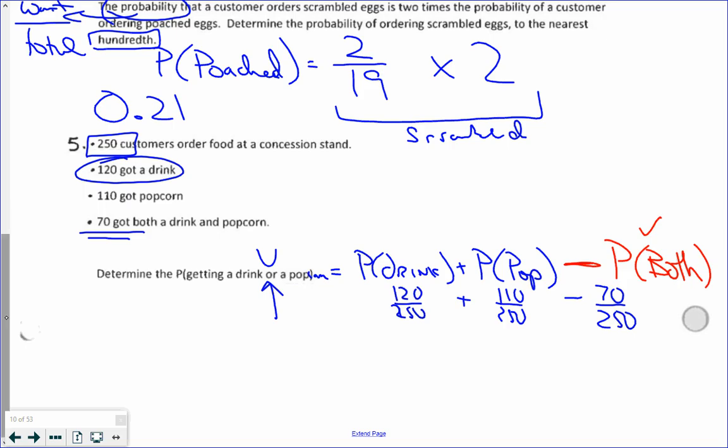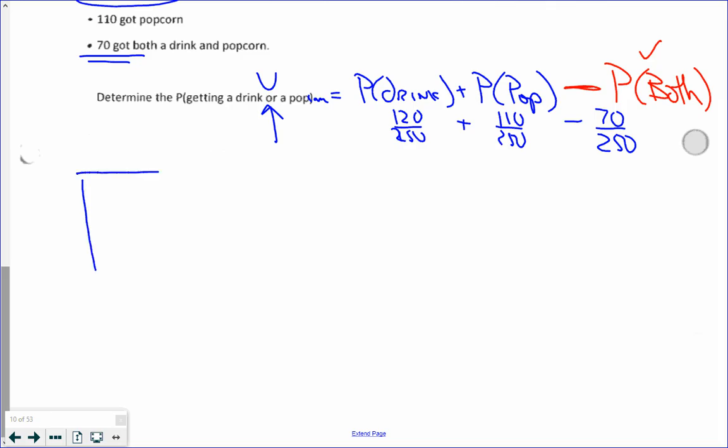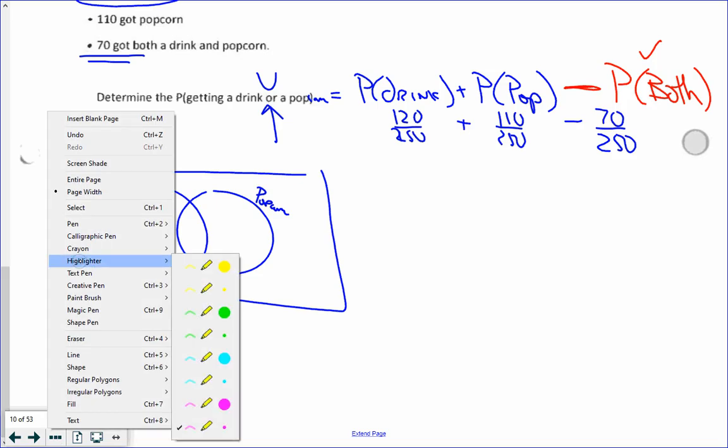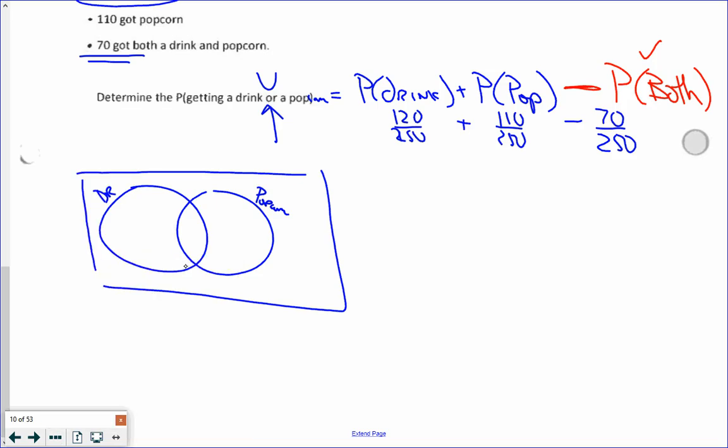Now the other way you can do this question is by doing a Venn diagram. So this is drink, this is popcorn. Yesterday, when we talked about Venn diagrams, where do you always start with a Venn diagram? In the middle.